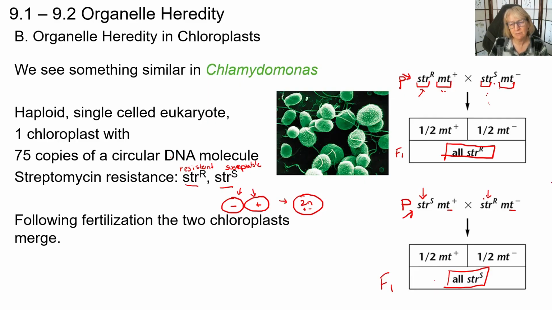So it's not that resistance is dominant. It's more that whatever the positive parent had is passed on, and the negative parent's contribution is irrelevant.